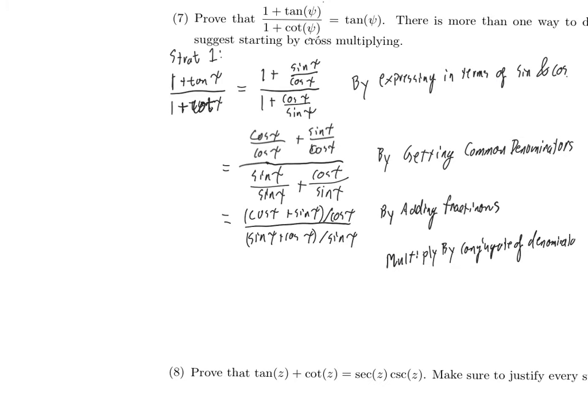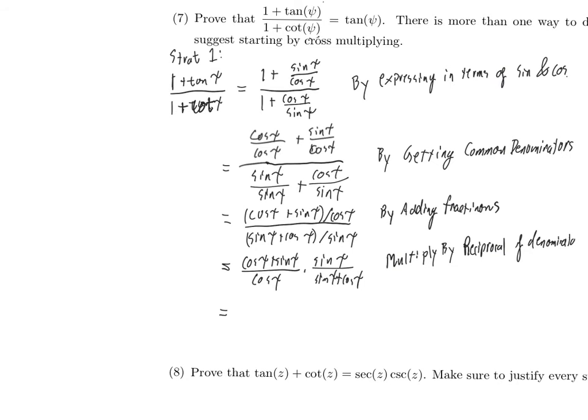Not conjugate, that's the wrong word. Reciprocal, silly. Alright, well doing that, I see cosine psi plus sine psi divided by cosine psi, multiplied by sine psi divided by sine psi plus cosine psi.